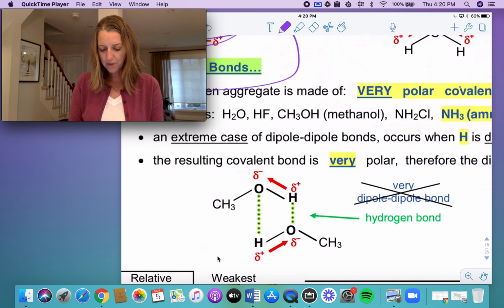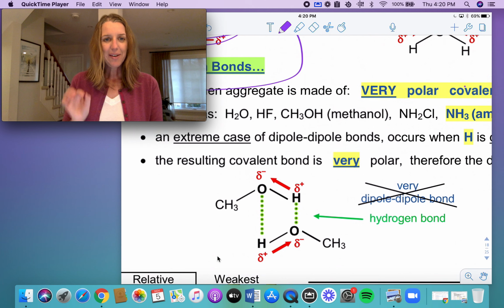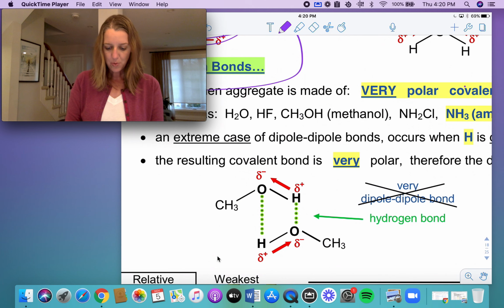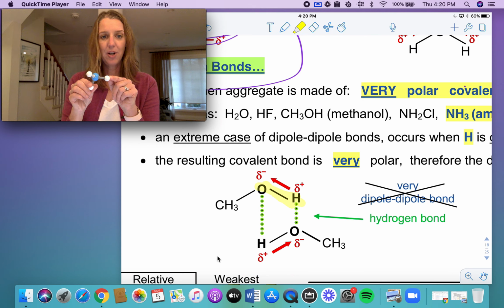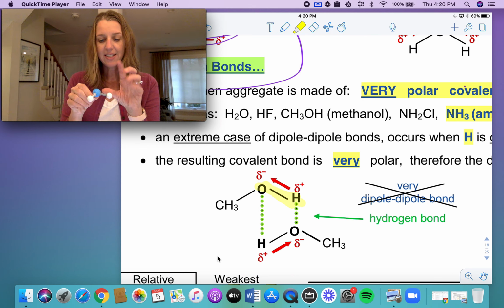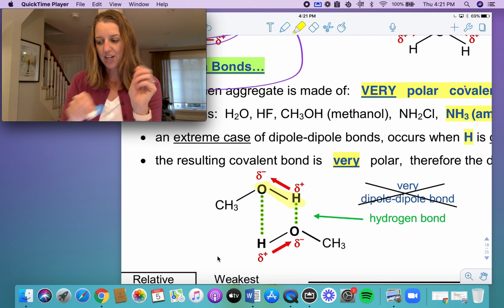You are looking for a direct bond between a hydrogen and an oxygen, a nitrogen, or a fluorine, NOF. Okay, if that hydrogen is directly bonded to a nitrogen, oxygen, or fluorine, it makes this bond very, very polar, which makes the intermolecular bond between it and another one of its kind a hydrogen bond.